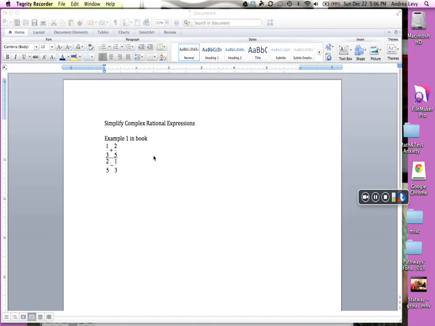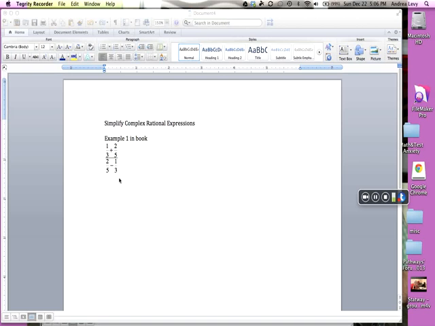I have a different method. My method is getting rid of the fractions from the start. So what I want to do is take this complex rational expression and look at what is a good common denominator for both the fractions in the numerator and the fractions in the denominator.